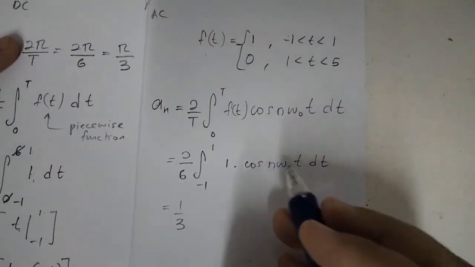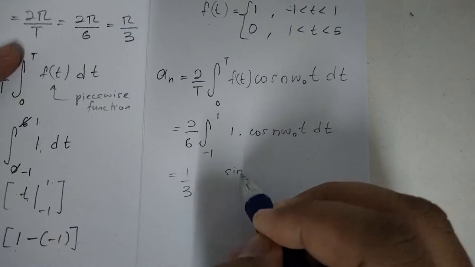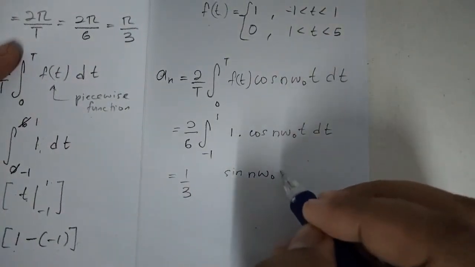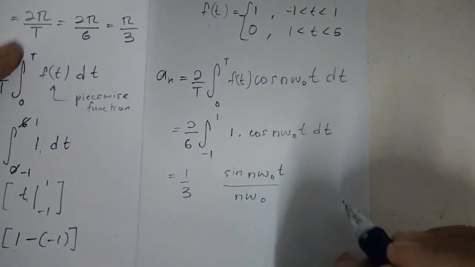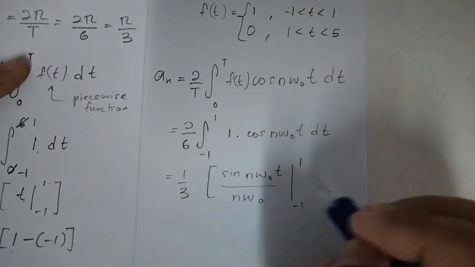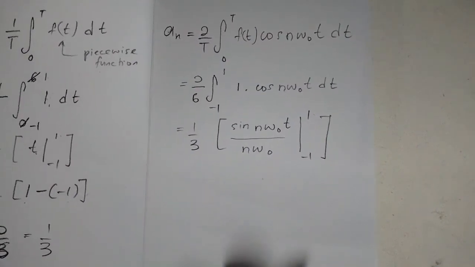Here integration of cos, we will get sin(n omega naught t) over n omega naught, evaluated from -1 to 1.